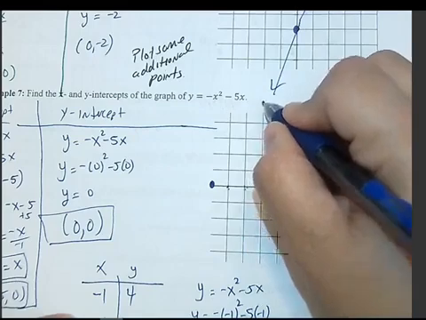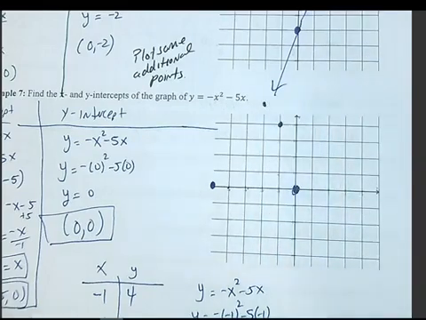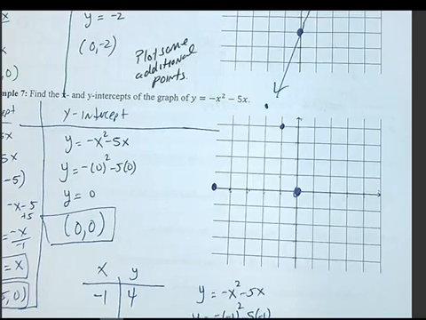So somewhere up here. And then -3 is the last one. So -3 squared would be 9. Times negative is -9 plus 15.